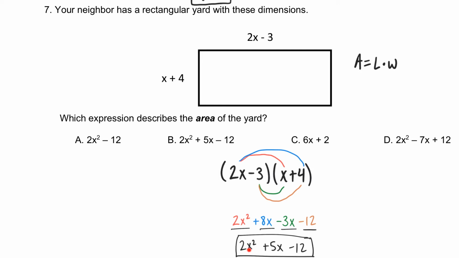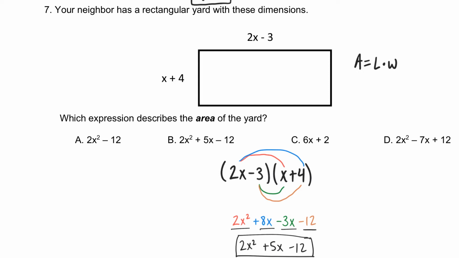So 2 times 5 squared would be 2 times 25 is 50. Plus 5 times 5 is 25, so you'd get 75 minus 12 gives you 63. So that's what's cool about algebra, is we can still multiply unknown quantities and get an expression that still shows us that quantity. I just think that's really cool.